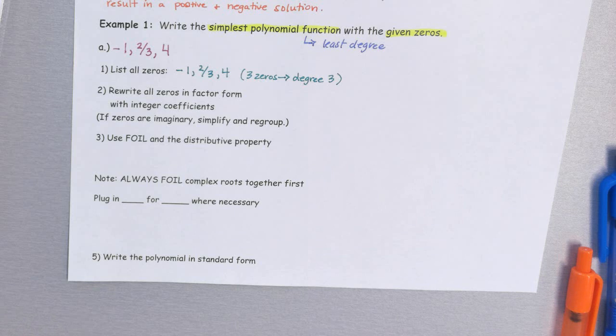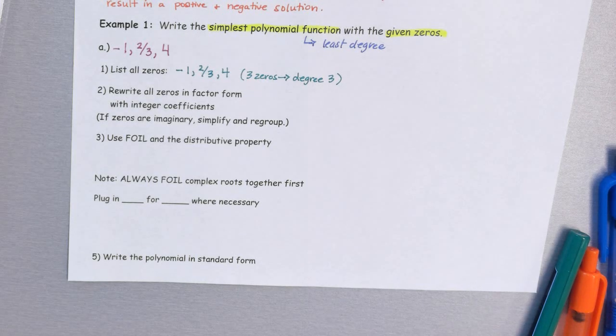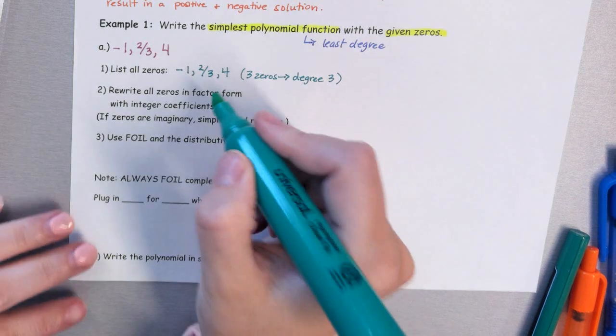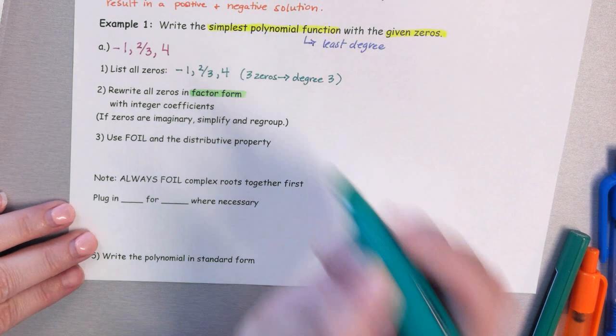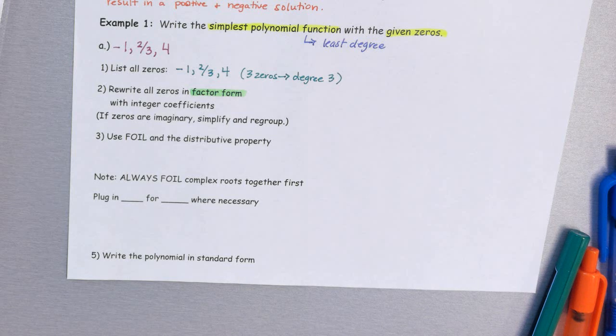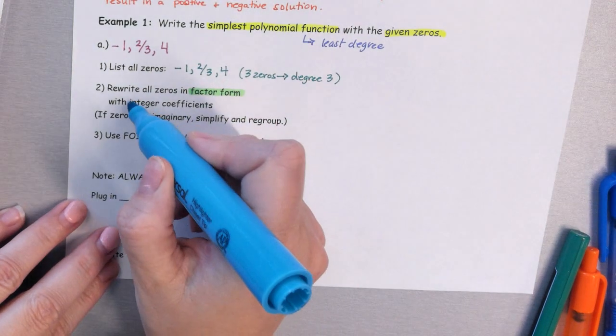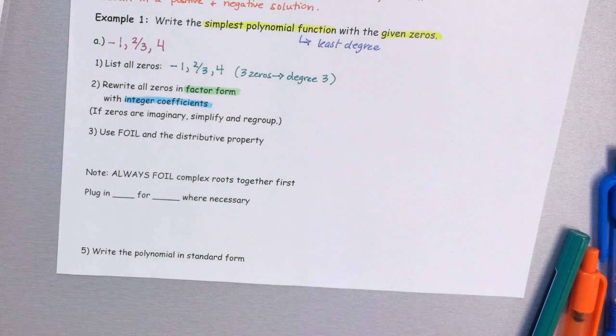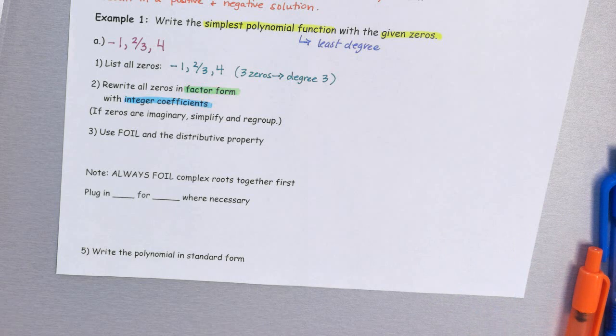Okay, and then you're going to rewrite all of your zeros in factor form, but there's a stipulation. The stipulation is there has to be integer coefficients. Remember we talked about integers yesterday? Do you guys remember what the integers are? What are integers?